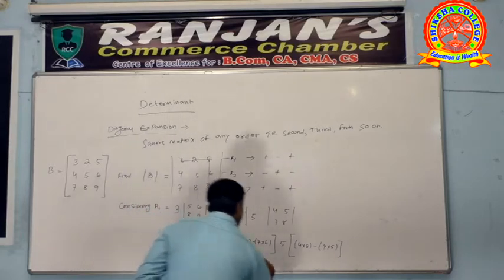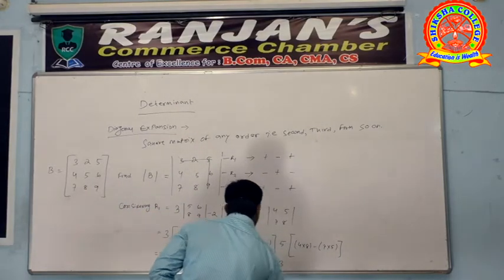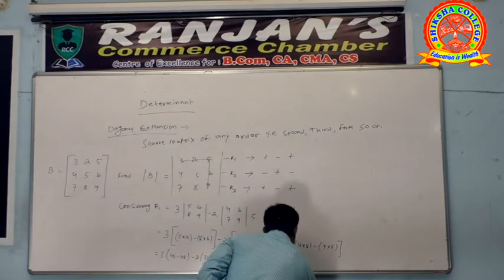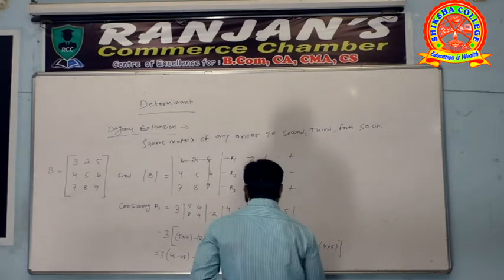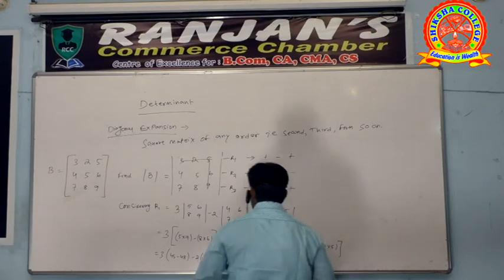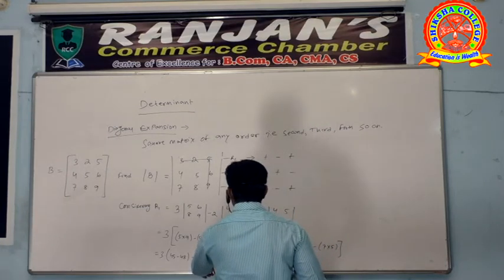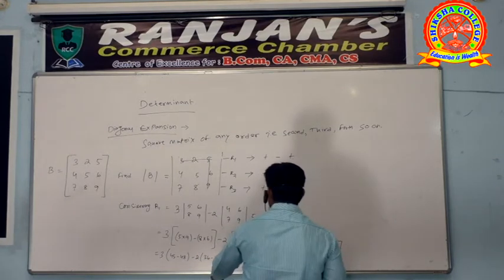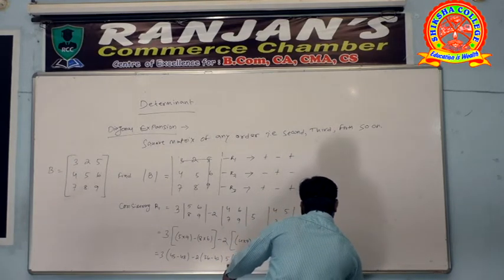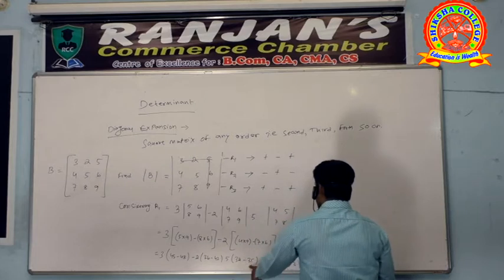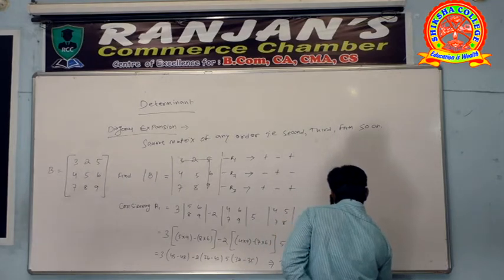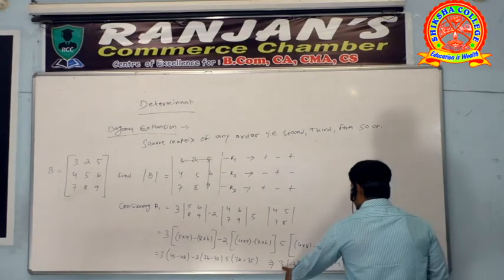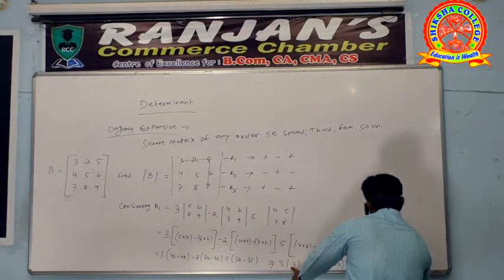Then we expand. 3 into what remains? So here 45 minus 48, that is minus 3. Then minus 2 into 36 minus 42, minus 6. Then 5 into 32 minus 35, minus 3. So what is left? 3 into 3, minus 9.